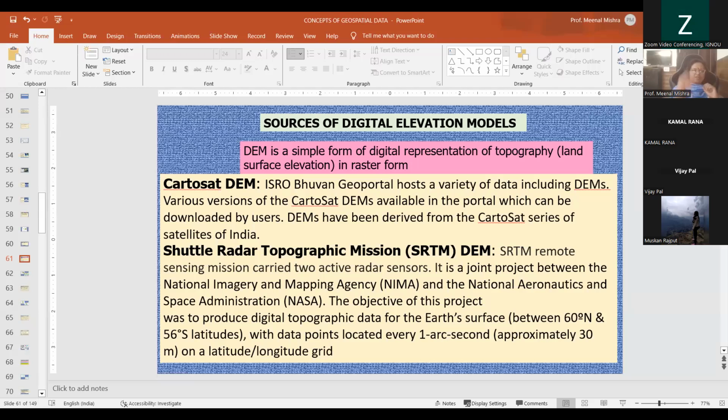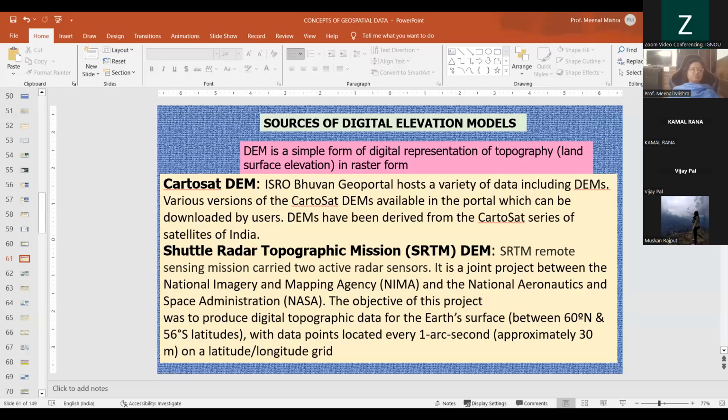The main objective of SRTM is to produce digital topographic data of Earth's surface between 60 degrees north and 56 degrees south latitude, with data points located every 1 arc second, that is approximately 30 meters, on a latitude, longitude grid.